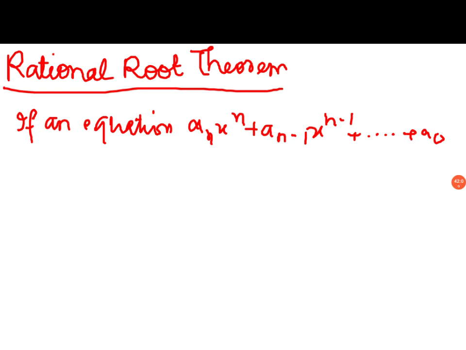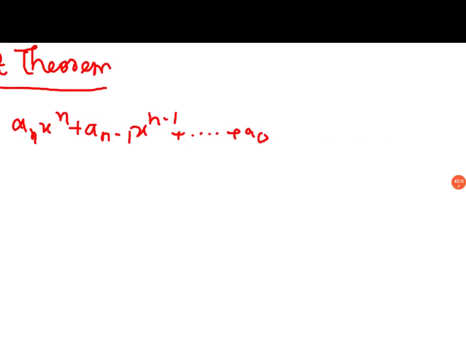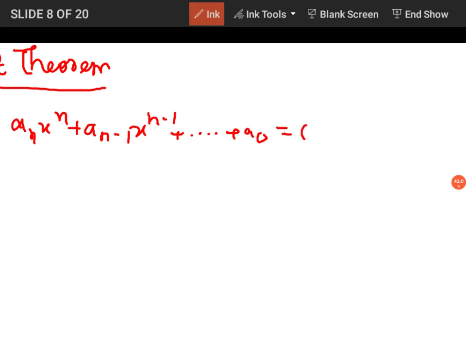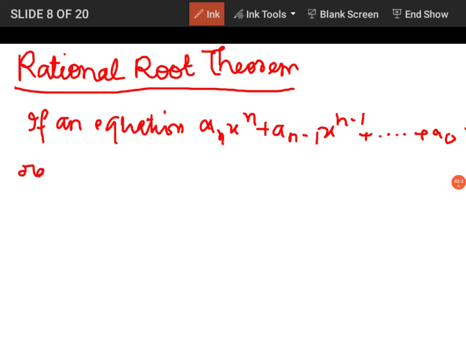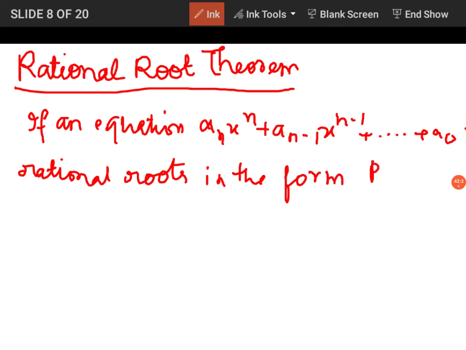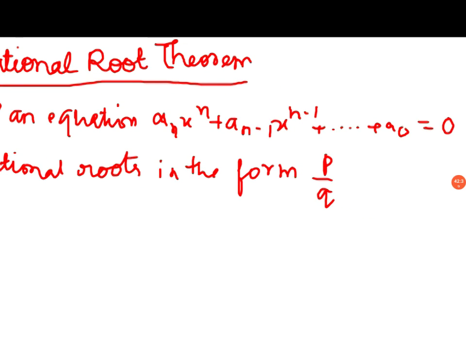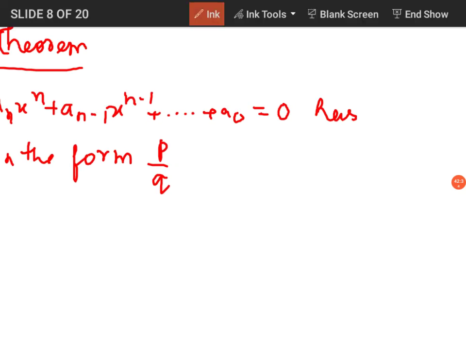And again, this is also the general form of a polynomial, but to be an equation we have to bound it with an equality, so I put here equals 0. Okay, so if this equation has rational roots in the form p upon q, again now you have to apply the conditions of rational numbers, that is p and q are relatively prime, that are co-prime to each other.